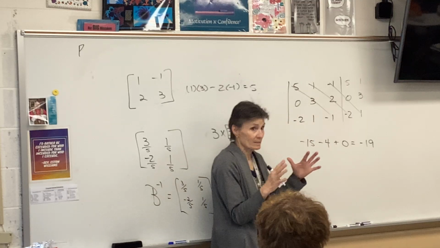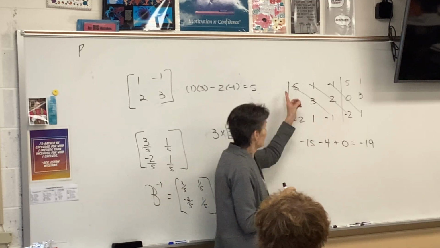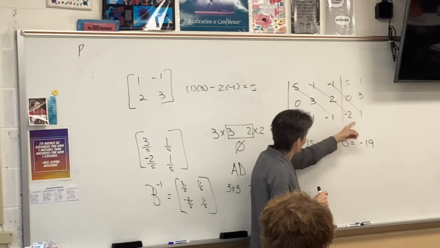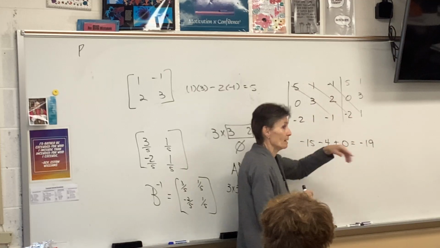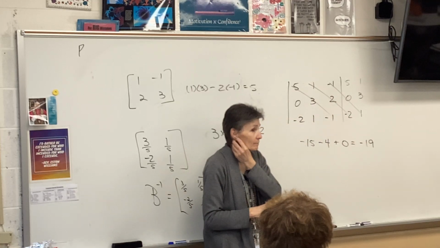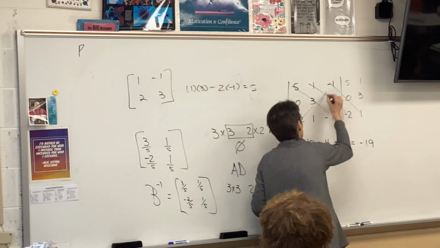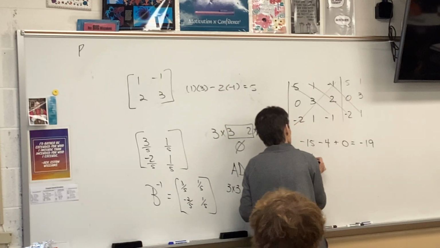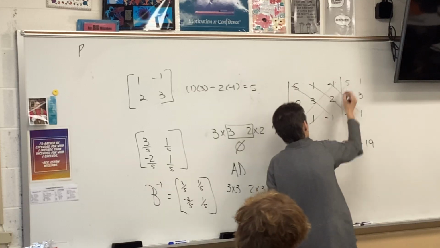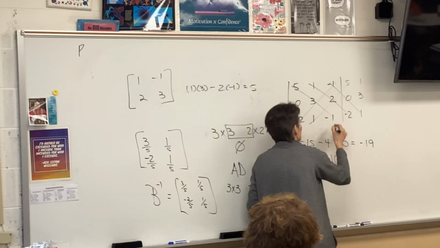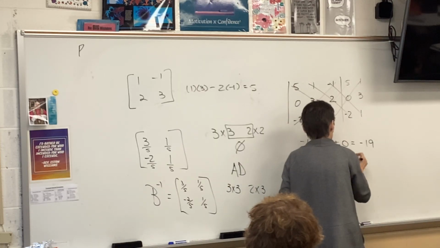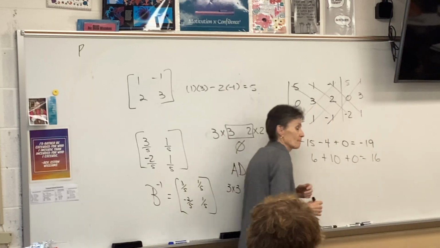So again, lots of arithmetic. Multiply, multiply, multiply, add them up. Then what? You're not done. Do the other way. So here, that's going to be 6. That's going to be 10. And that's going to be 0. So that's 16.